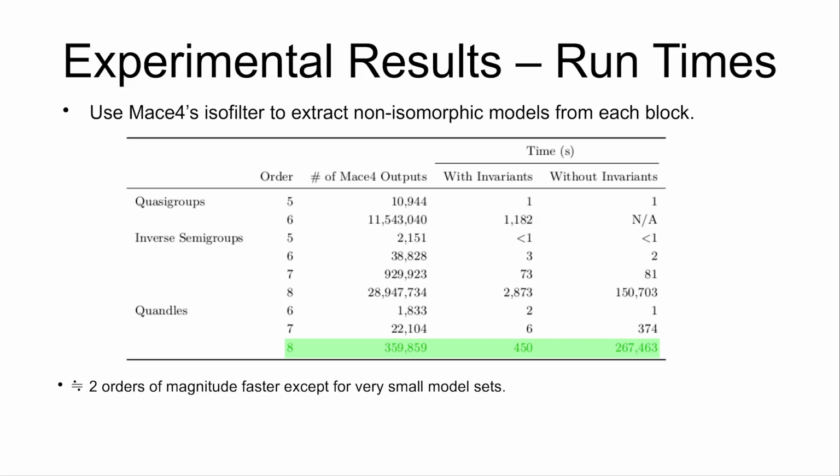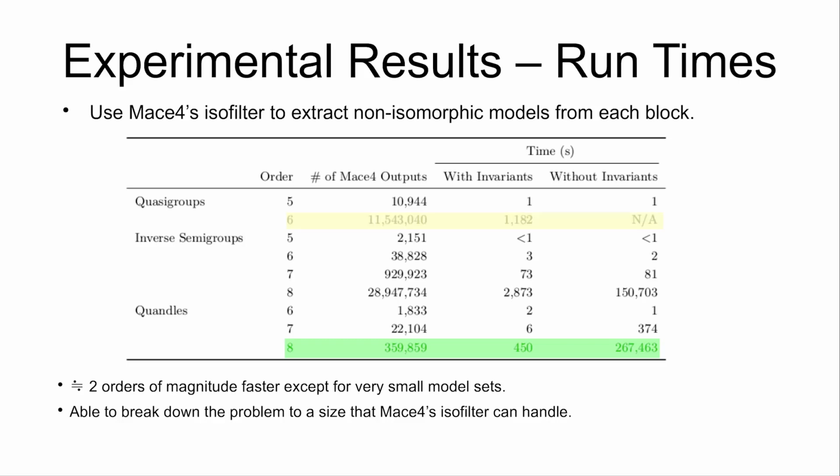For quasigroups, without using invariants to break down the 11.5 million models into smaller blocks, Maze4's isofilter simply cannot handle it. As you can see from the table, a nice property of the invariant algorithm is that it is very scalable. It gives more improvements when the dataset is larger.